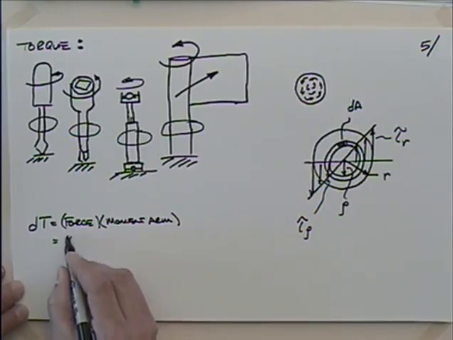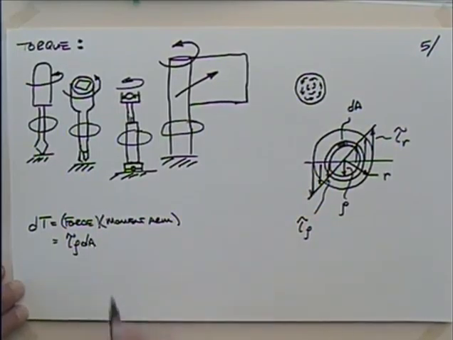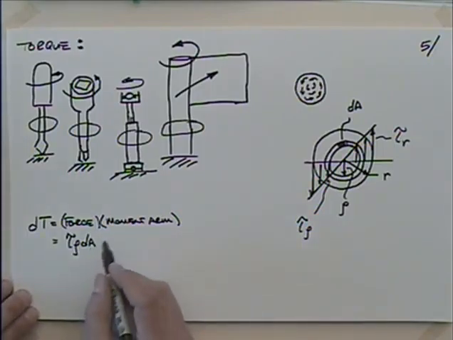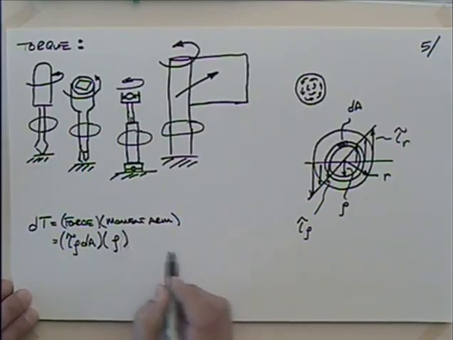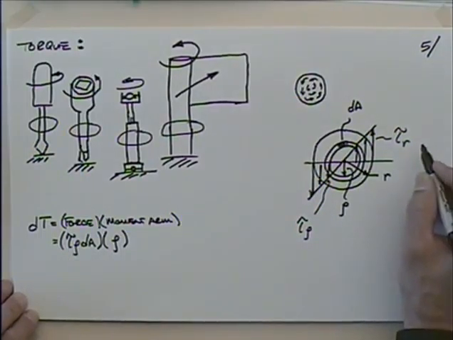I could take tau sub rho times dA. If I took the stress and I multiplied it by the area, that would give me force, wouldn't it? And the distance that it acts over is what? Rho, isn't it?